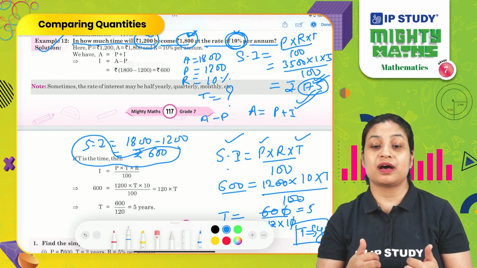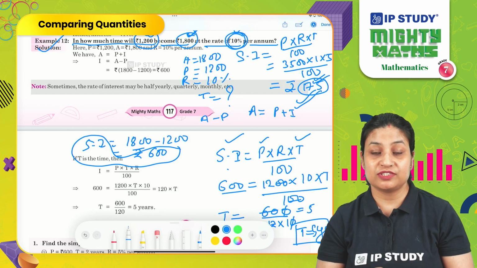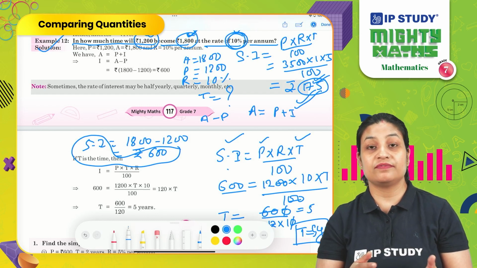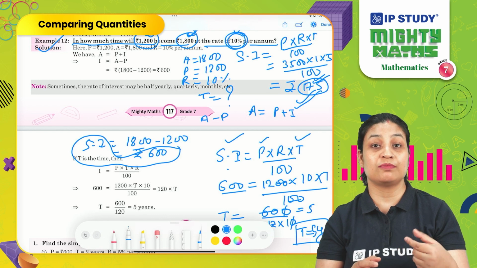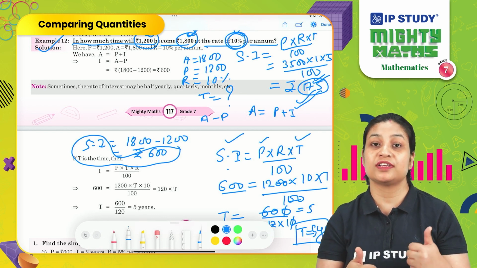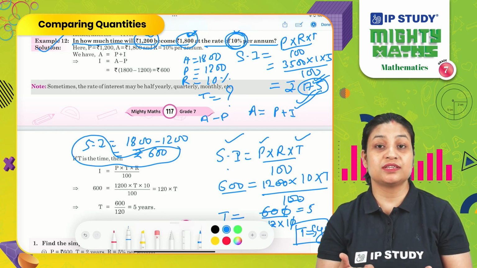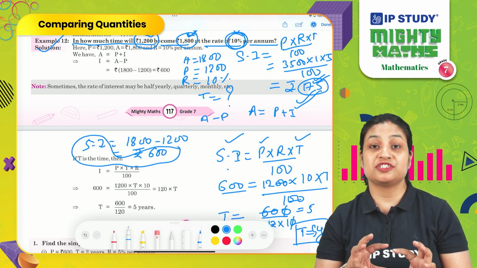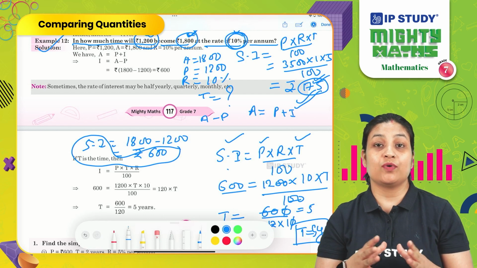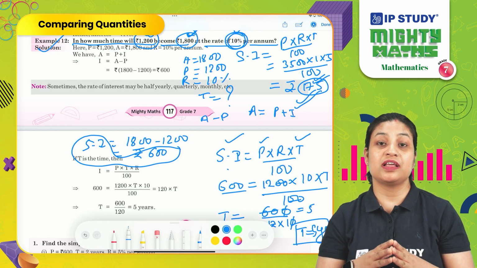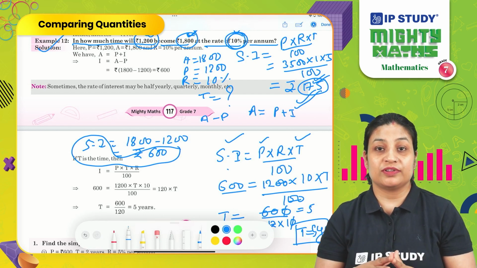Then we discussed the profit and loss concept, and we did some questions based on that. And here we have just finished the topic of simple interest, where we came to know about terms like principal, amount, simple interest, rate of interest, and the relation between these terms. We have solved some questions here. I hope you have understood the topic very well. So this is all about this video.